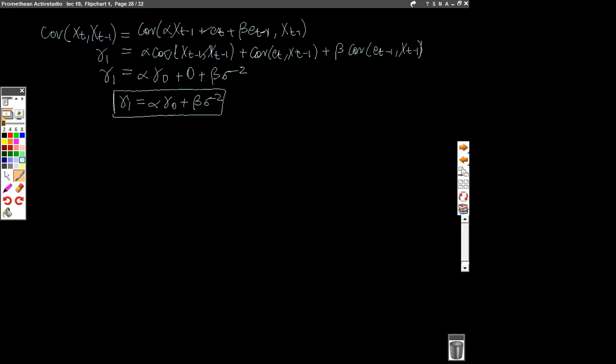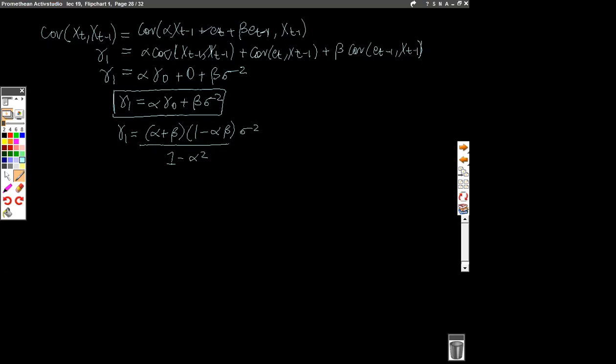And now I already know the value for gamma 0, which I can easily substitute in here to figure out the value of my gamma 1. If you do that, you will get something like this. That's it.